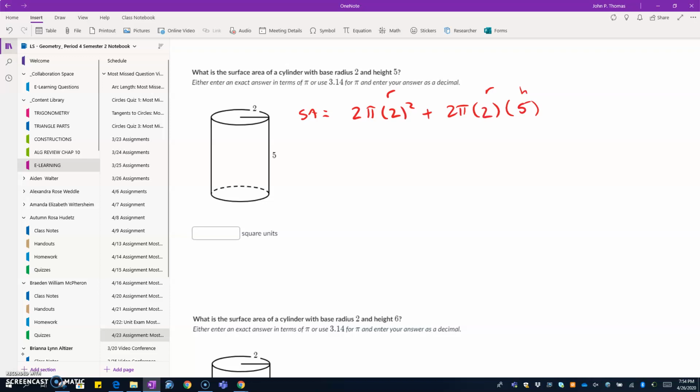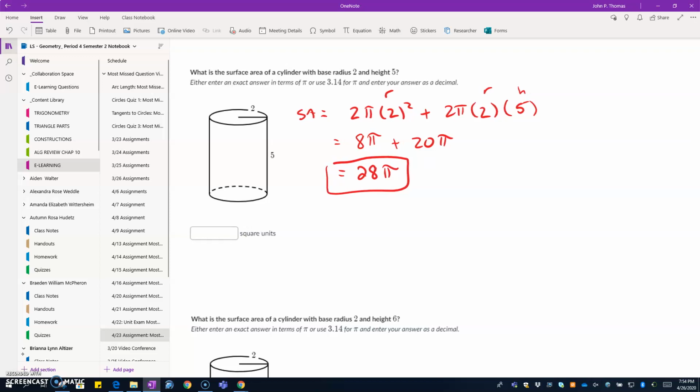So 2 squared is 4, 4 times 2 is 8, so 8 pi in the beginning. And then plus over here, I've got 2 times 5 is 10, 10 times 2 is 20, so 20 pi. Push those together and I have 28 pi. Again, I would leave it exact since it is allowing you to enter it that way. So just type it in and that'll give us our correct answer.